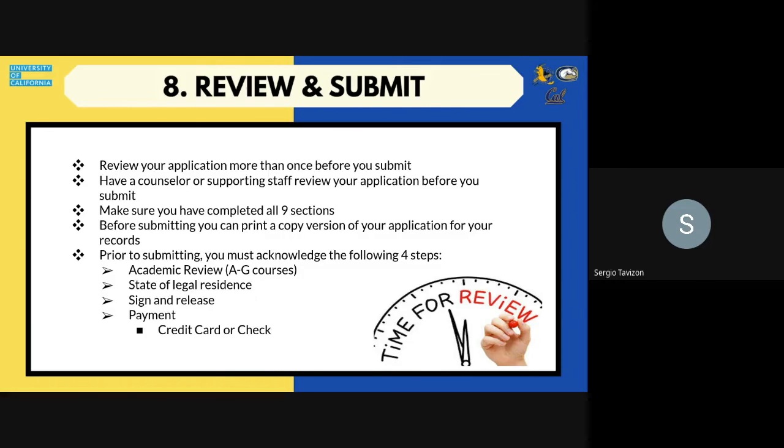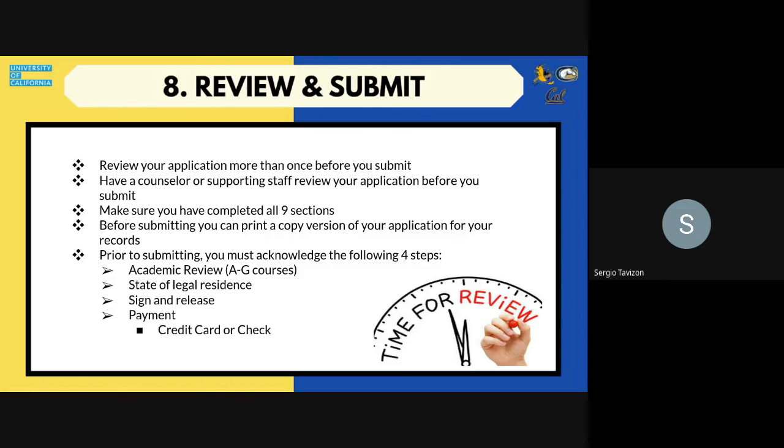In addition, prior to submitting, you must acknowledge the following four steps, okay? And that's when Ms. Oliver talked about the A through G, making sure that all courses fall under and are credited. At the same time, your state of legal residence, which I'll talk about, the sign and release documentation, and last but not least, your payment.